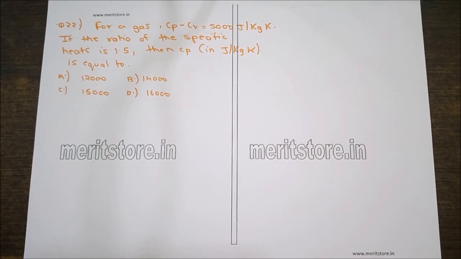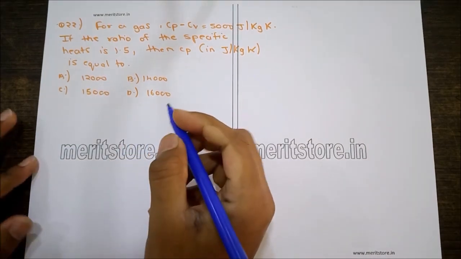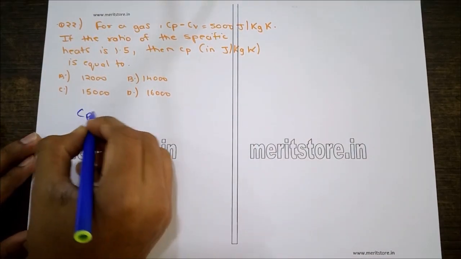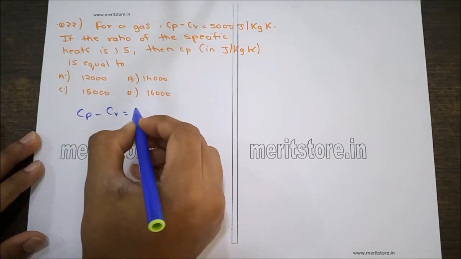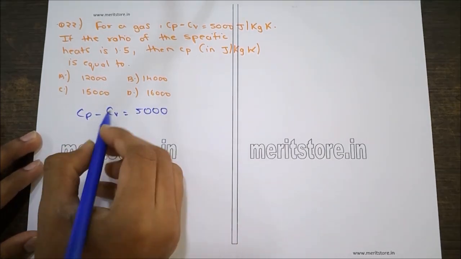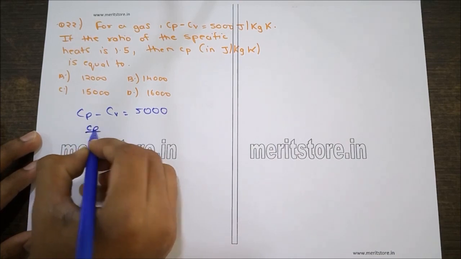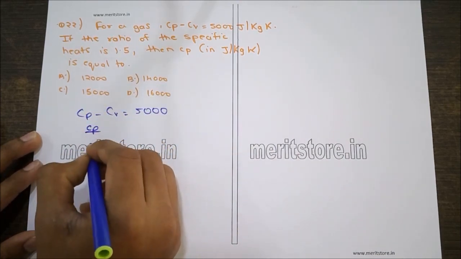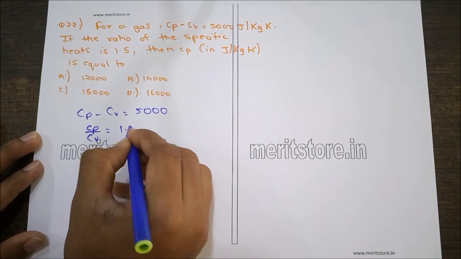For a gas, Cp minus Cv equals 5000 joule per kg Kelvin. If the ratio of the specific heats is 1.5, then Cp in joules per kg Kelvin is equal to, the options given are 12,000, 14,000, 15,000 and 16,000. Now, Cp minus Cv is given as 5000, whereas the ratio of specific heats, that is Cp upon Cv, is given as 1.5.